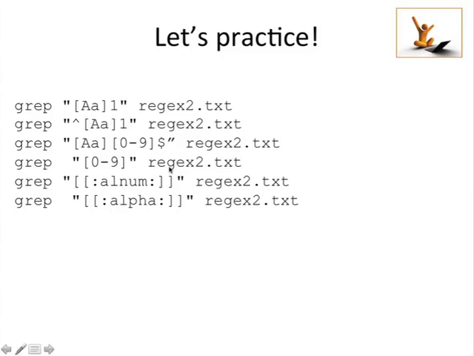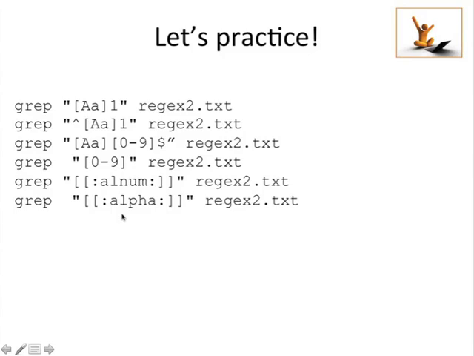Or we can make it as simple as: let's see any line which has at least one digit. If the line contains a digit, it will pop up using this command. Also, we can check the lines which have alphanumerical characters, or the alphabetical characters, just like this.